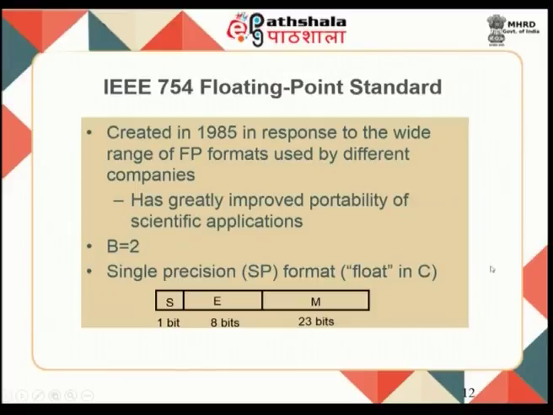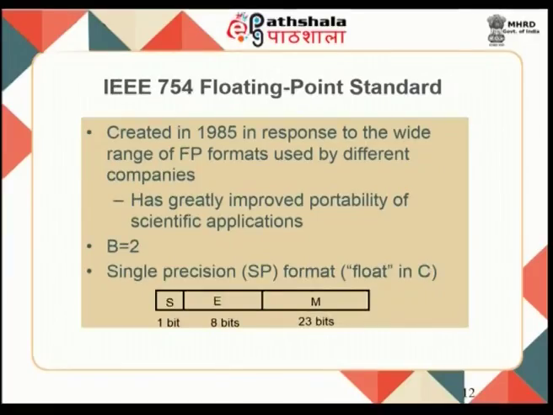So, if each one follows different representations for floating point numbers, you do not have portability across different machines. We know that every floating point number has to have a sign bit, a mantissa part, and an exponent part, and now we have decided that it needs to follow the normalized notation, and it should have a biased notation for the exponent value.